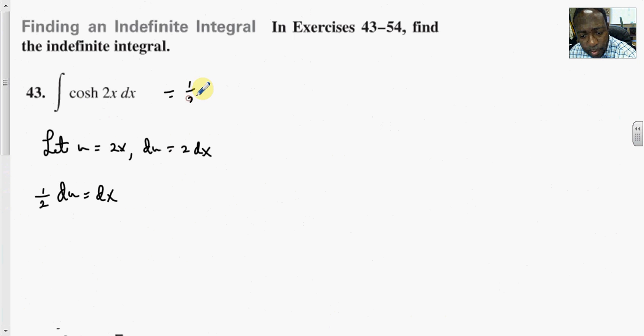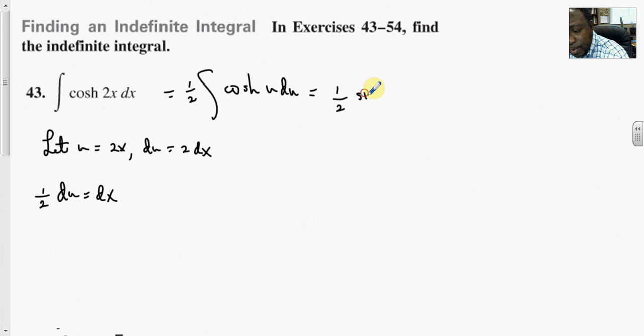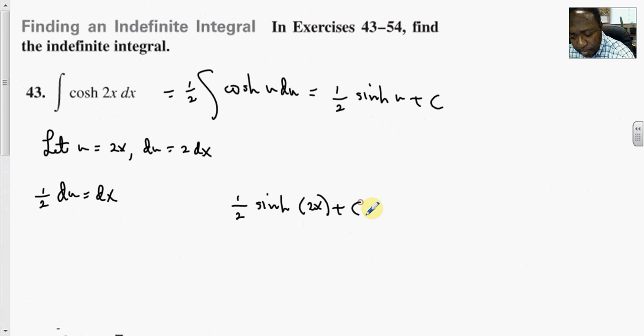So this is 1/2 times the integral of hyperbolic cosine u du, which becomes 1/2 the integral of hyperbolic cosine, which is hyperbolic sine of u plus c, and so your answer is 1/2 hyperbolic sine of u, and u is 2x, plus c.